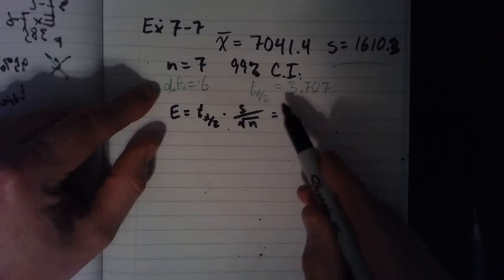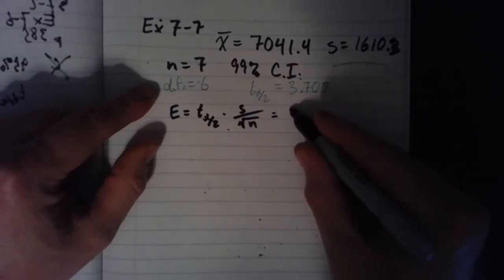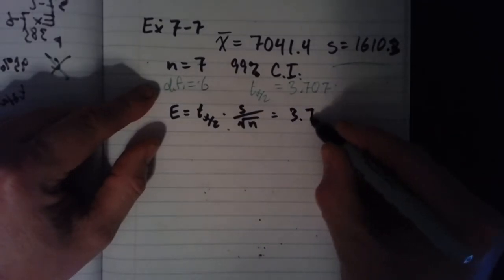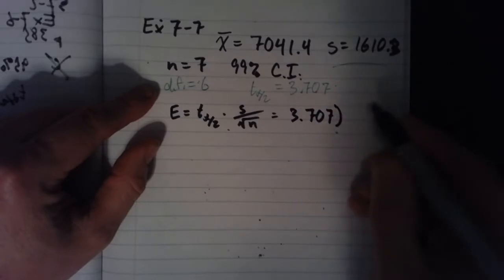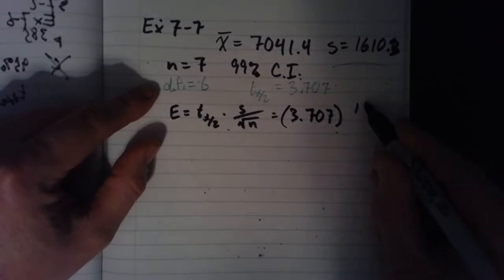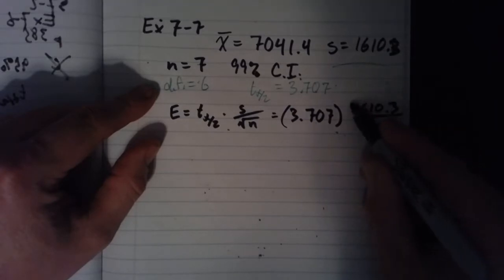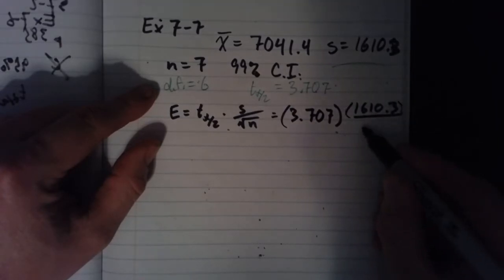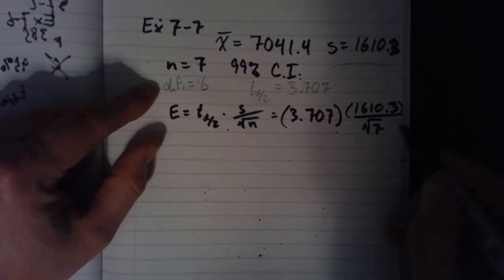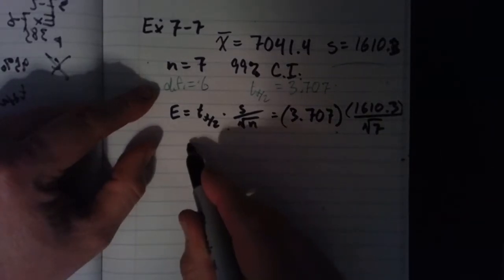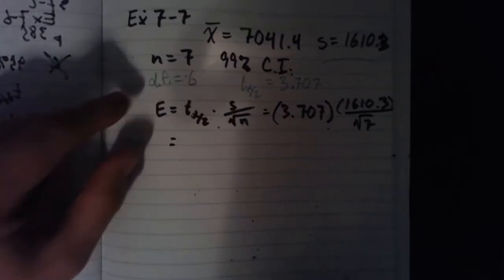This is our critical t value, 3.707 times 1610.3 for s, and that's going to be divided by the square root of 7. So let's make a calculator work.